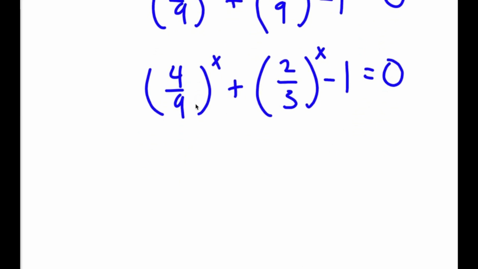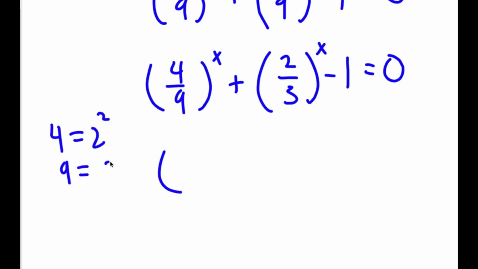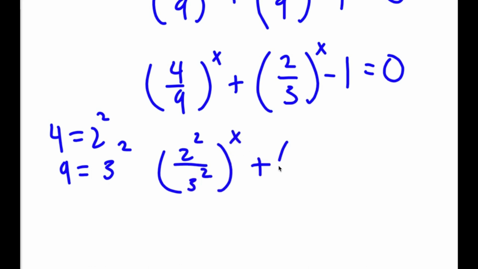And now 4 over 9 here, well, 4 is the same thing as 2 squared, and 9 is the same thing as 3 squared. So I can rewrite this as 2 squared over 3 squared to the power of x plus 2 over 3 to the power of x minus 1 is equal to 0.